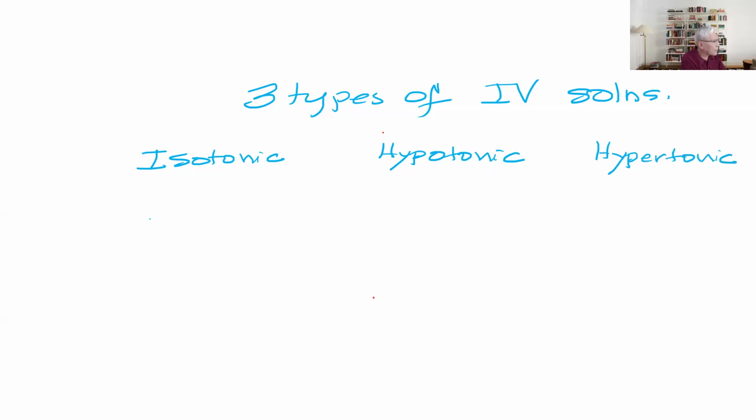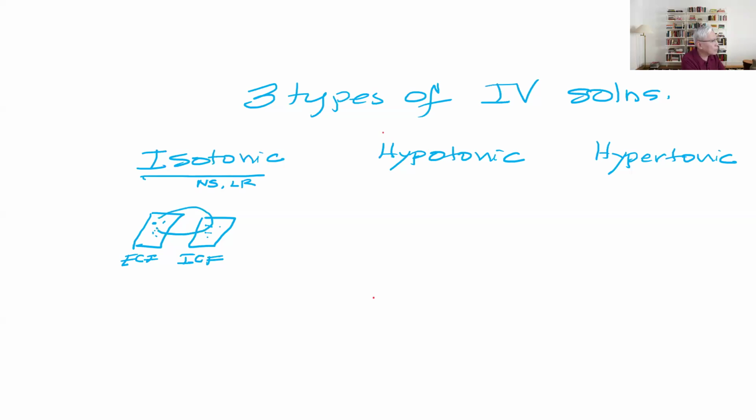Okay. So whenever we have two compartments of fluids right over here, the extracellular fluid and the intracellular fluid, when we give a solution which is isotonic, like normal saline, for example, or Ringer's lactate, what happens is that if you are infusing it over here, there's going to be equal distribution of that fluid.